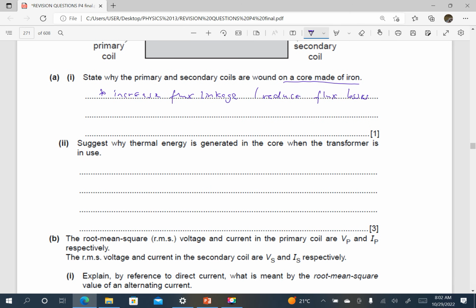Suggest why thermal energy is generated in the core when the transformer is in use. Now that is Faraday's law. The flux in the core is also changing, and the changing flux induces an EMF according to Faraday's law. The EMF in the core also produces currents, which we call eddy currents, which cause the heating of the core.